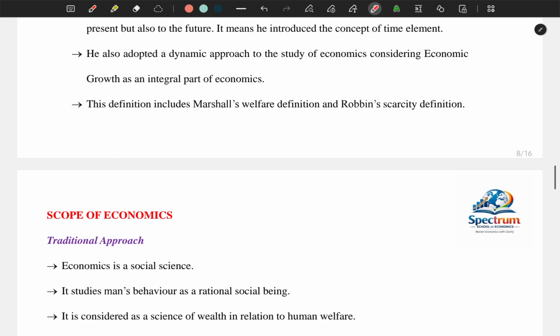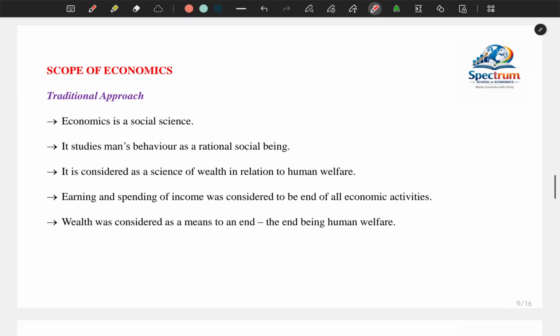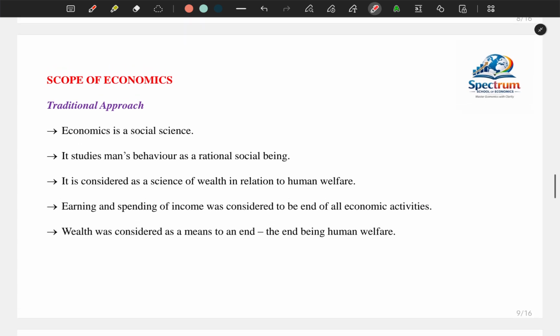The next thing is the scope of economics. What are the things that come under economics? There are two approaches, the traditional approach and the modern approach. In the traditional approach, economics is a social science, and it studies man's behavior as a rational social being.